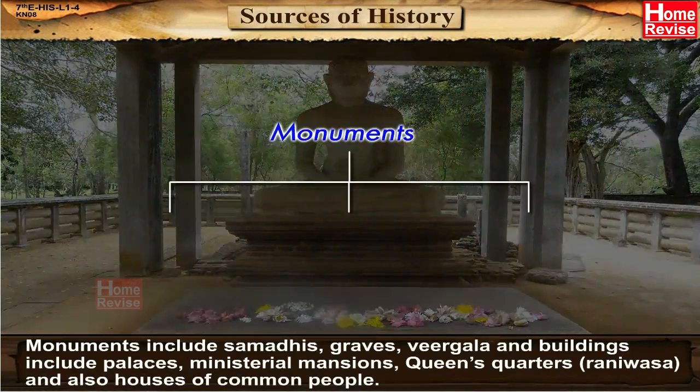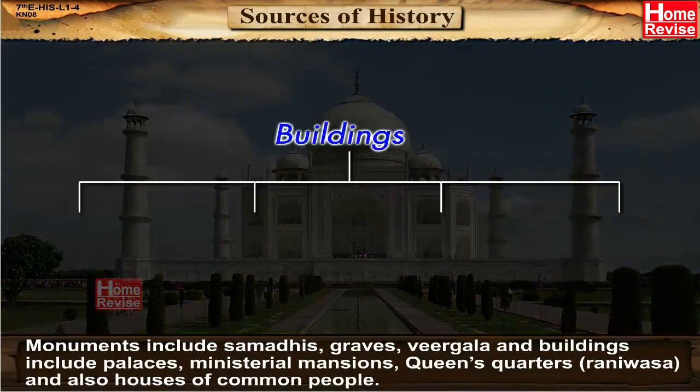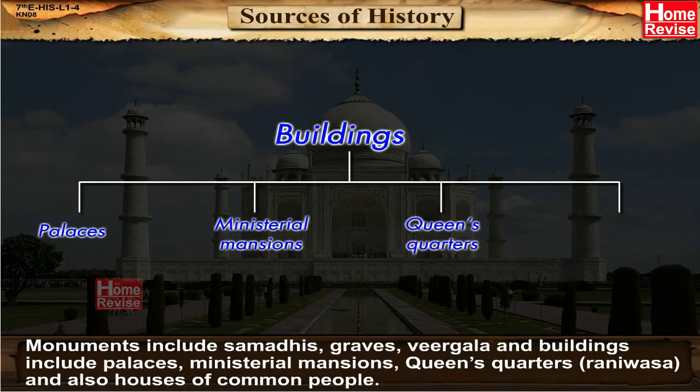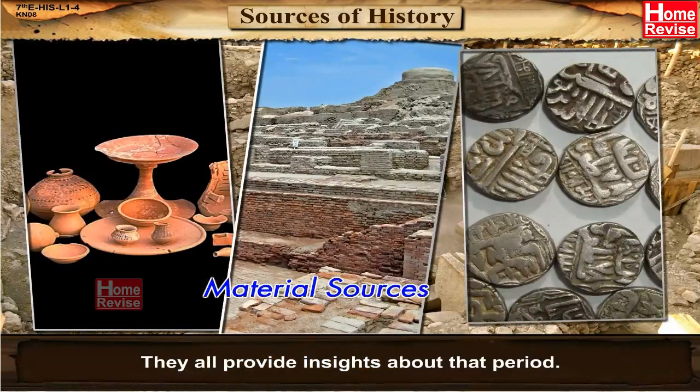Monuments include samadhis, graves, virgal, and buildings including palaces, ministerial mansions, queen's quarters means Rani Vasa, and also houses of common people. Ministerial mansions are large and impressive houses of ministers. They all provide insights about that period.